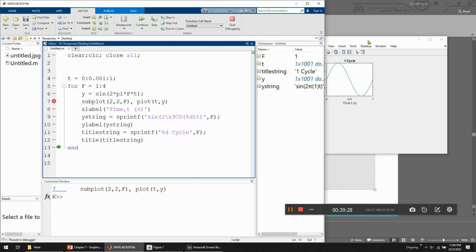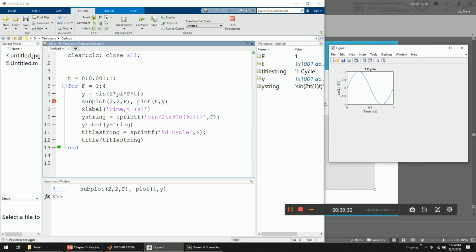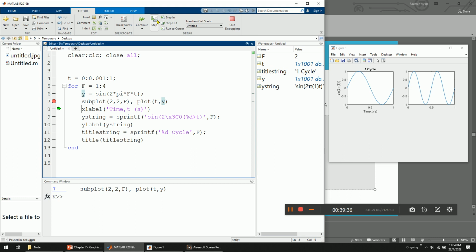If I run this one by one, now it's updated to f equals 2. It will plot the second one. It also updates. Recall back the sprintf, so how you use it in the plotting.